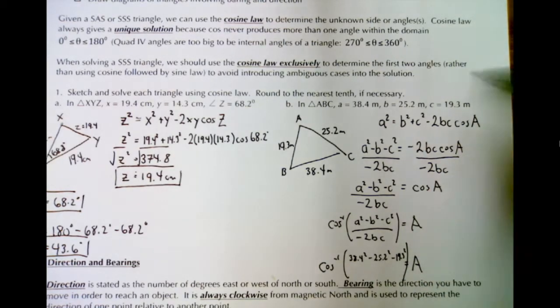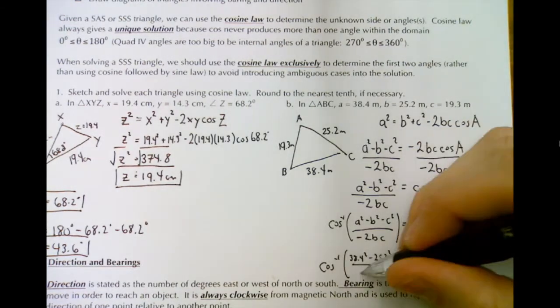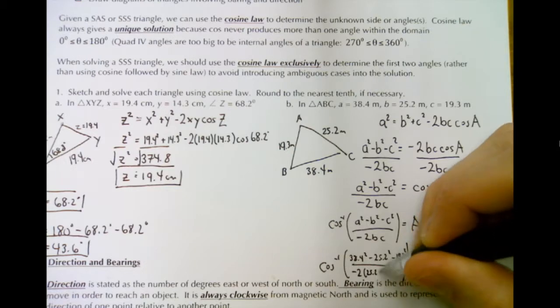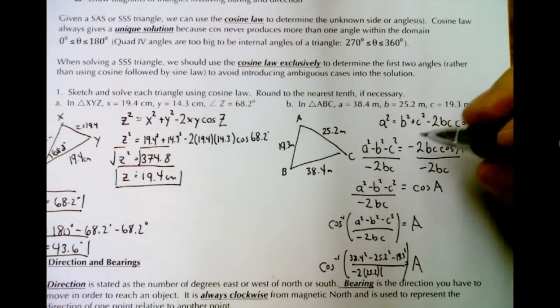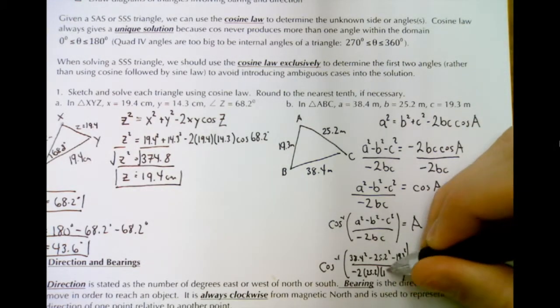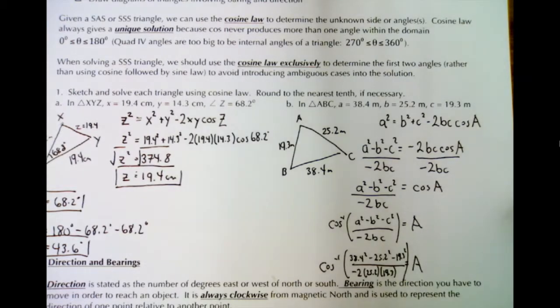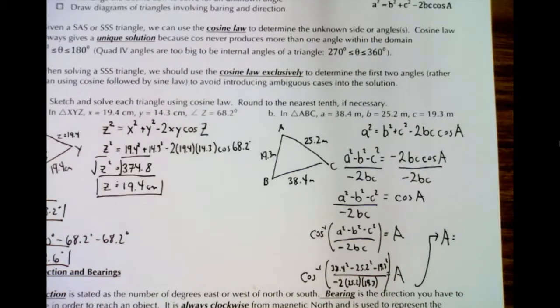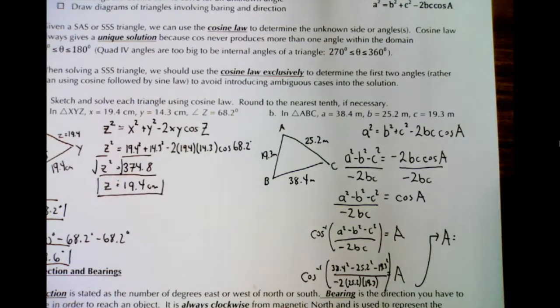Run out of room here. Over negative 2, B is 25.2, and C is 19.3. And if we type that whole thing in our calculator, we should end up with the answer. So let's give it a shot.